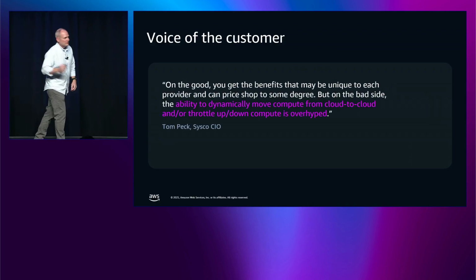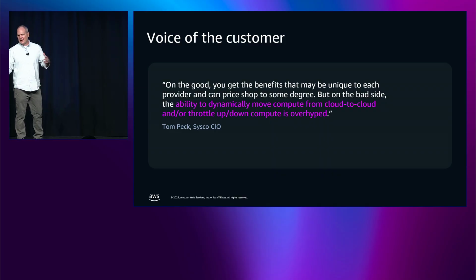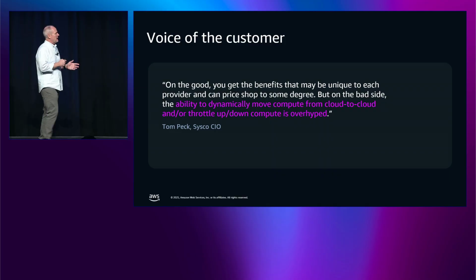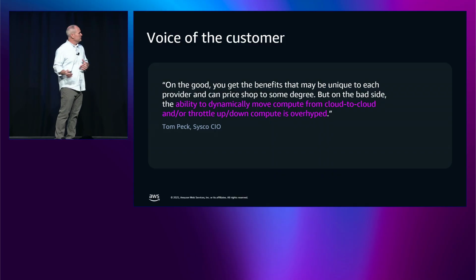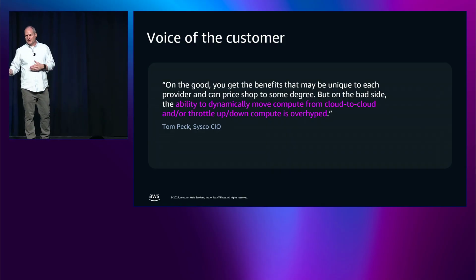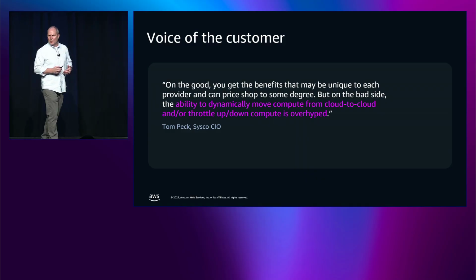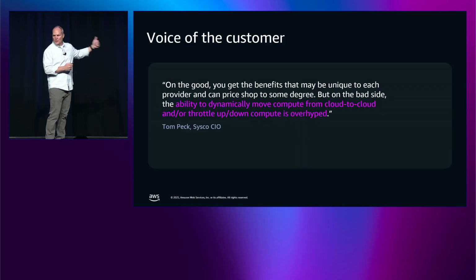And last quote. This one here is an interesting observation about a lot of talk about dynamically moving from cloud to cloud and throttling up and down, and compute is overhyped. The reality is, for some workloads in some industries, that may be okay. But for a highly regulated customer, this might not be the right strategy.